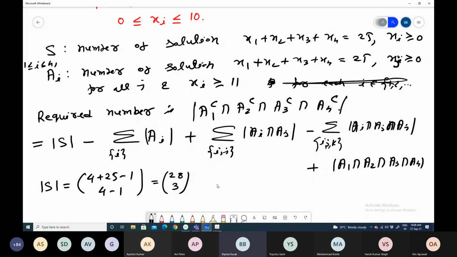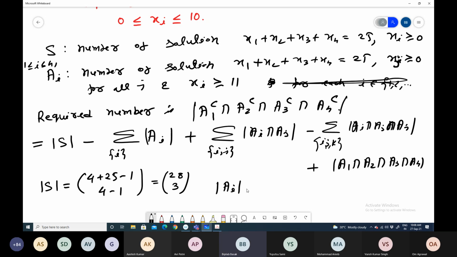Okay. Now what is the cardinality of Ai? The same formula. Since only xi is bigger or equal to 11, we can subtract 11 from both sides, and then we will get the previous kind of solution.